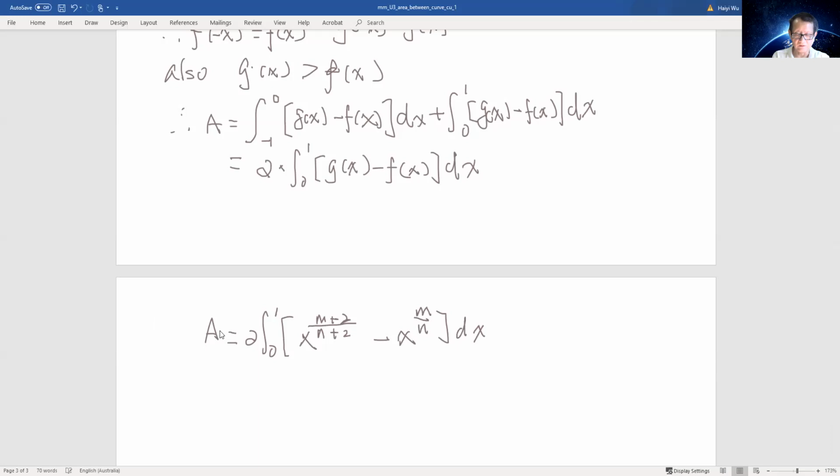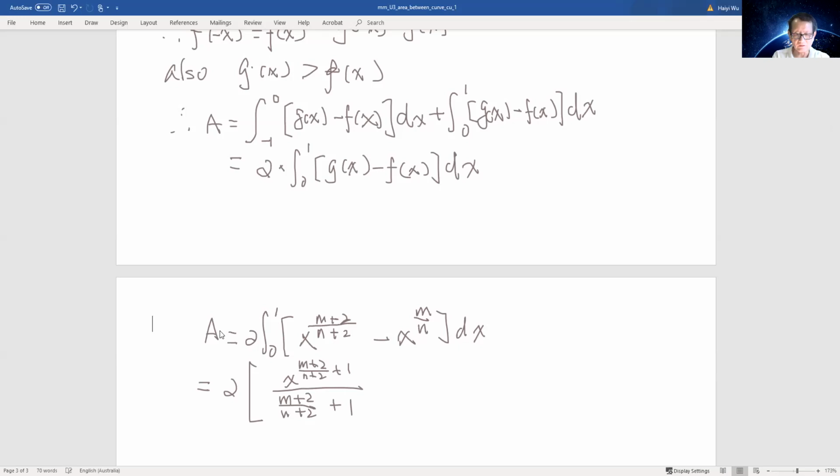Okay, let's do the index. We're solving for an exponential function, so we will have 2 brackets. First we use x to the power of m plus 2 divided by n plus 2, plus 1, and divided by m plus 2 divided by n plus 2, plus 1.